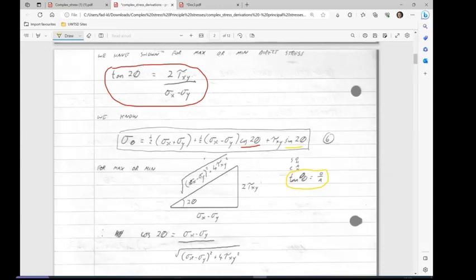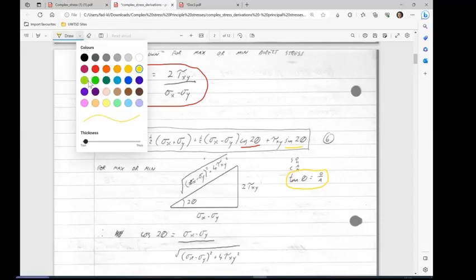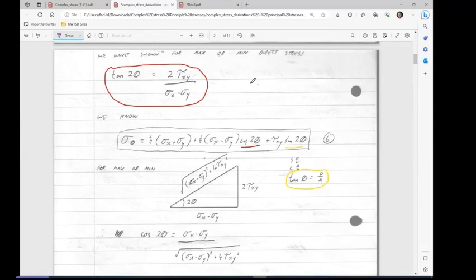Tan theta equals opposite over adjacent, so this must be the opposite side and this must be the adjacent side. So looking at my triangle, we've got 2 theta there. The opposite side is 2 tau xy. Let's draw that in purple. That is the opposite side.